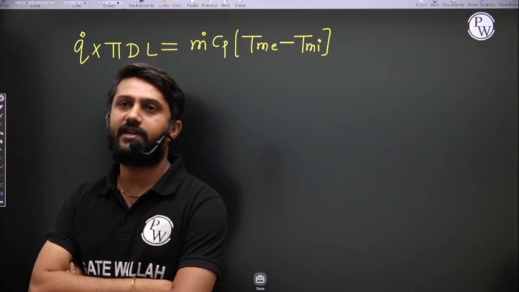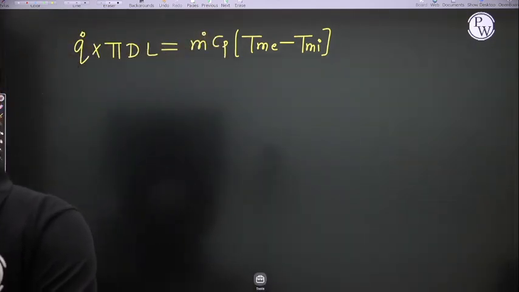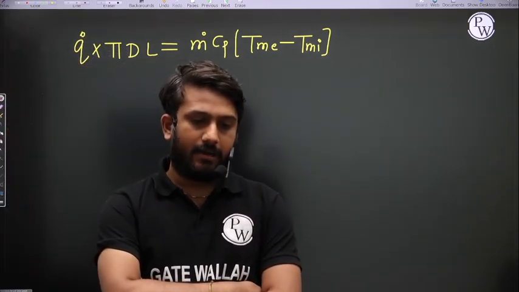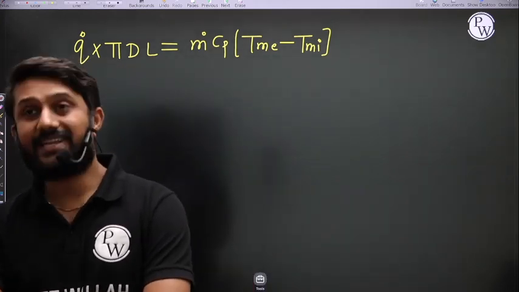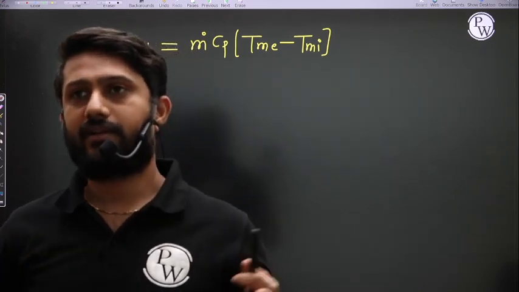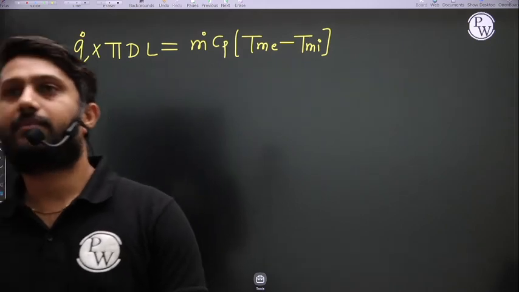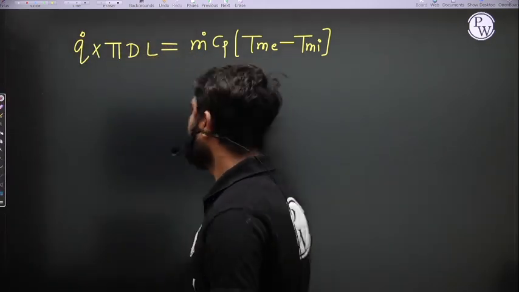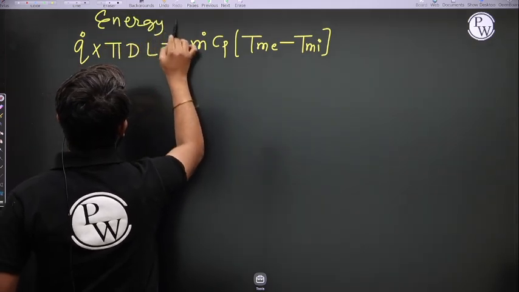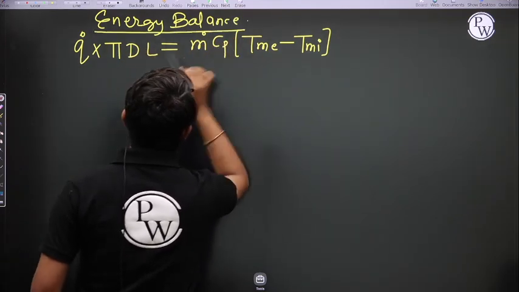The total rate of heat transfer is Q dot into pi D L, and this is equal to the increase in the enthalpy rate of the fluid. Whatever heat transfer is there is utilized to increase the enthalpy rate of the fluid. So I can say this is the energy balance in the constant heat flux case.